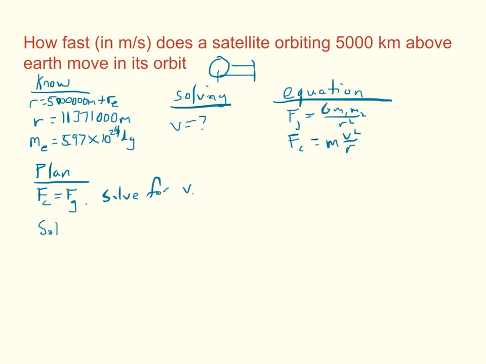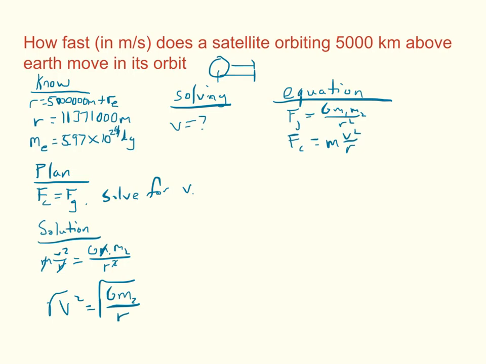So my solution looks something like this. I'll have mv squared over r equals G m1 m2 over r squared. The mass of the satellite is going to cancel out of the equation. One of my radii is going to cancel out, so that I get v squared equals G m2, which in this case is the mass of the Earth, the object being orbited, over r, and then square root both sides.